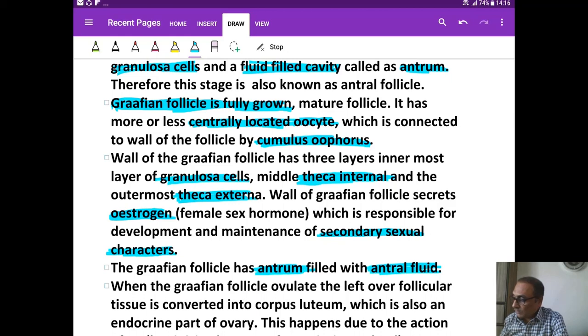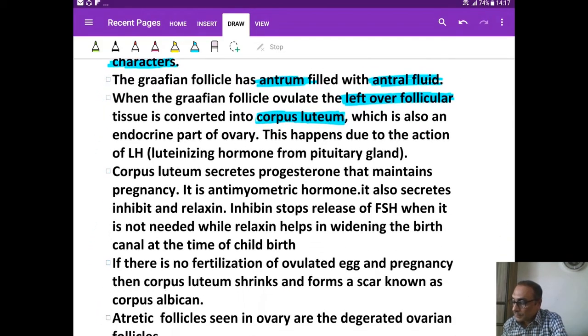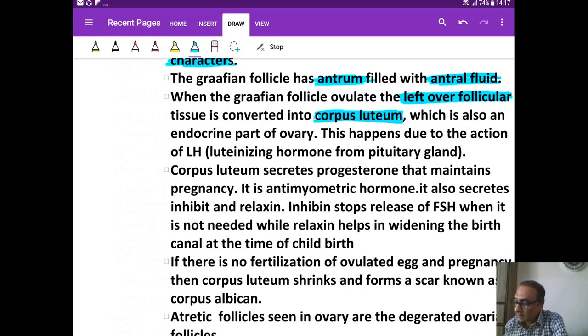When the Graafian follicle ovulates, the leftover follicle, that is the tissues and the cells which are remaining there in the Graafian follicle, that will be converted into endocrine gland called as corpus luteum. It's a temporary endocrine gland, corpus luteum, which is formed under the influence of LH, luteinizing hormone. Now, yes, luteinizing hormone is responsible for that, as we have seen.